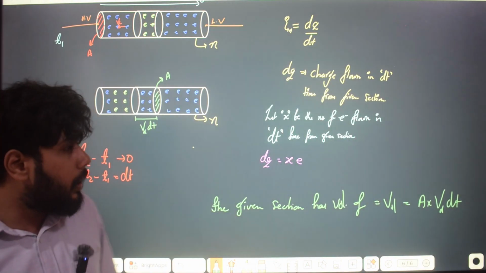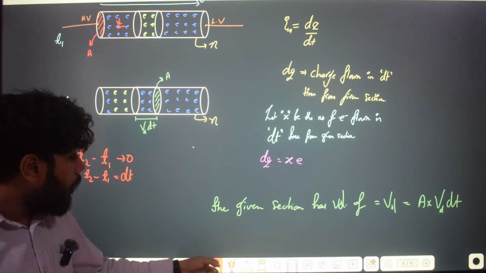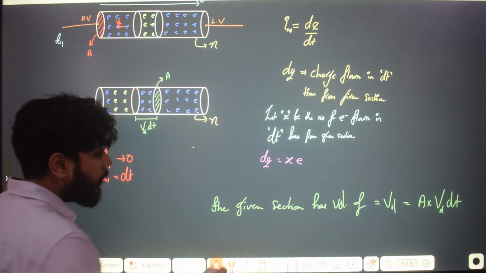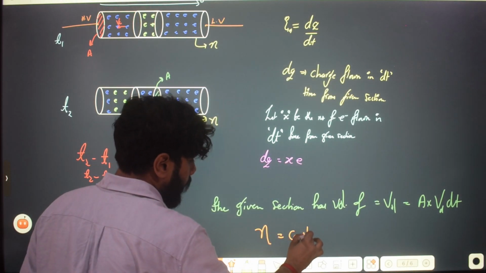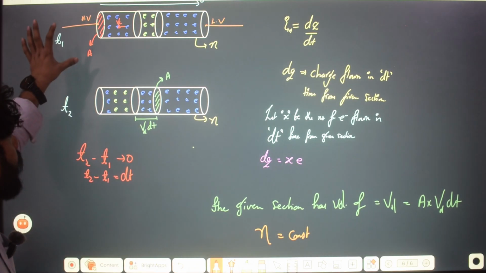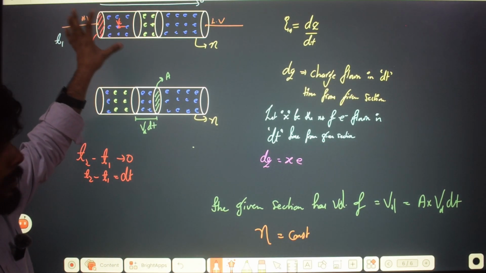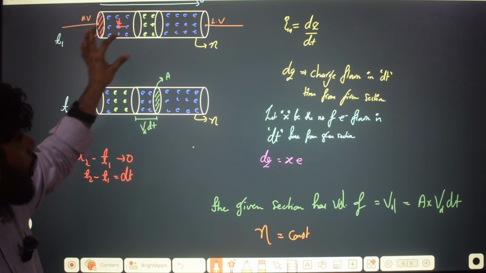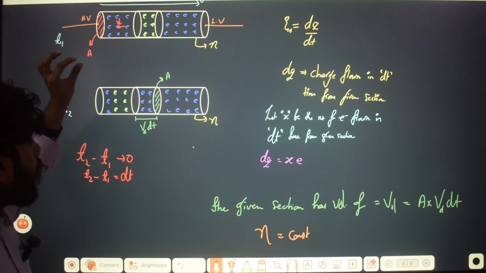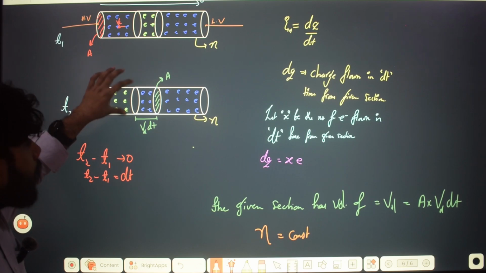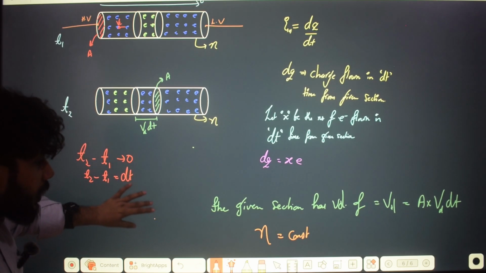And why are we interested in volume? Because we have free electron density, which is constant. So that means if I take the complete conductor, then the number of electrons over the total volume, or if I take a very small section of the conductor also, then the free electrons present in that section over that volume will remain the same.